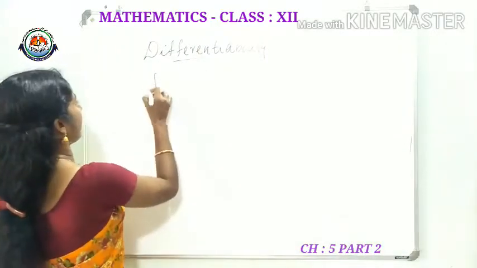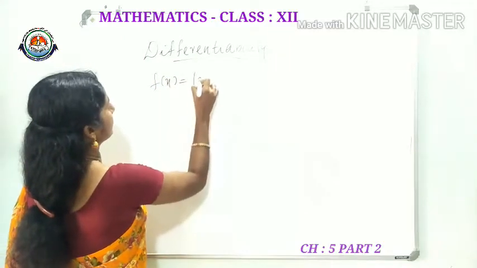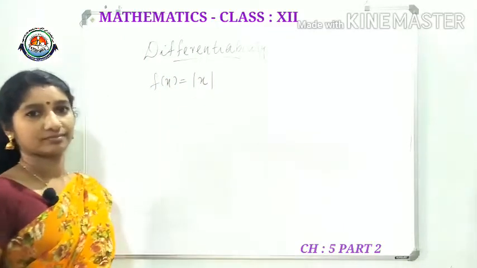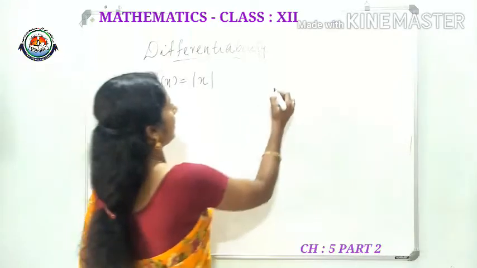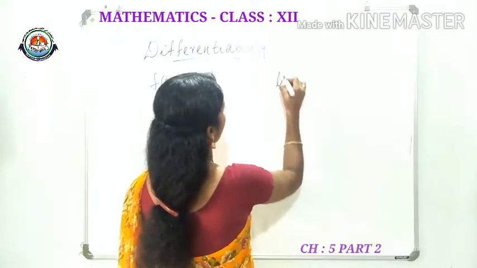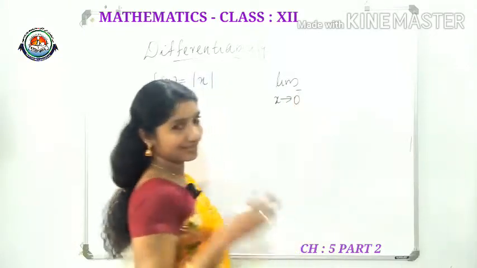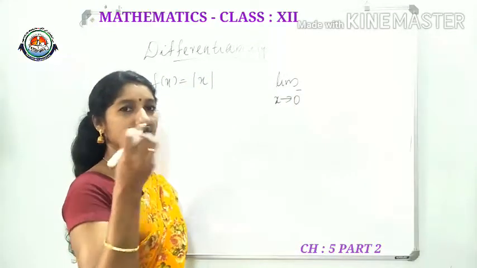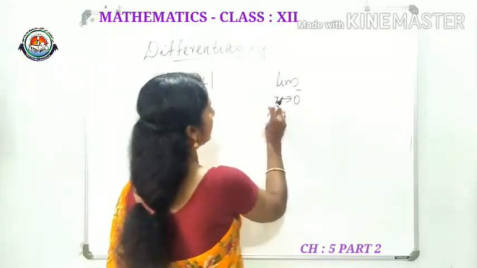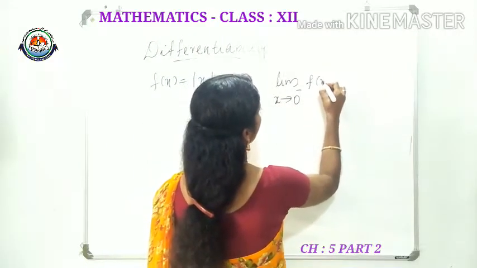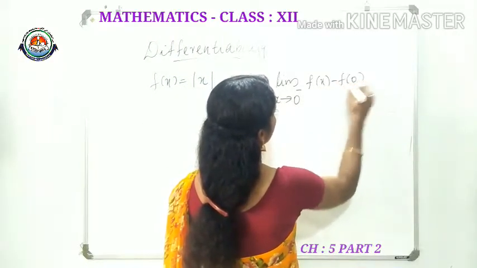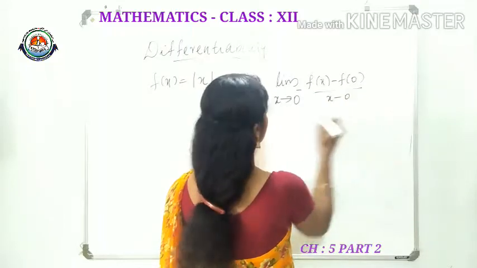Consider the function f of x is equal to mod x, and what is the left derivative? Limit x tends to 0 minus. At 0 only this function has a change, so at 0 we are checking. Limit x tends to 0 minus f of x minus f of 0 divided by x minus 0.